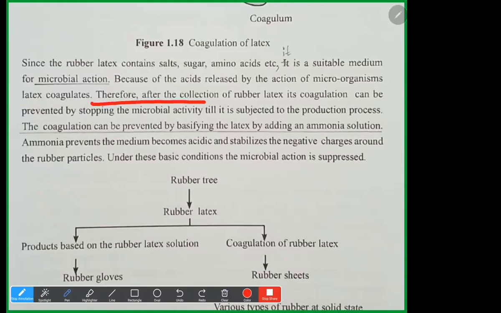Therefore, after the collection of rubber latex, its coagulation can be prevented by stopping the microbial activity until it is subjected to the production process. The coagulation can be prevented by basifying the latex by addition of ammonia solution.